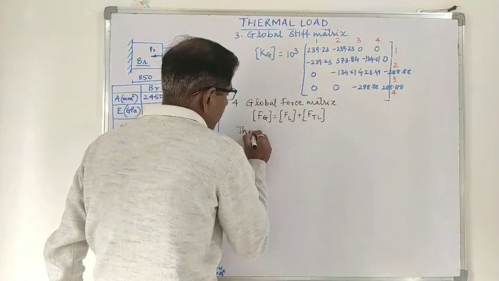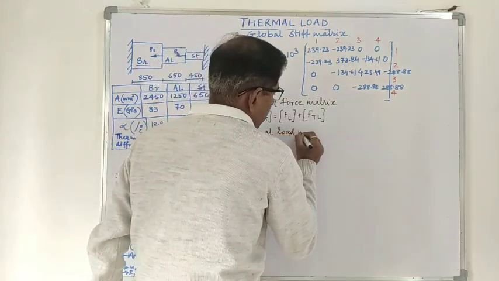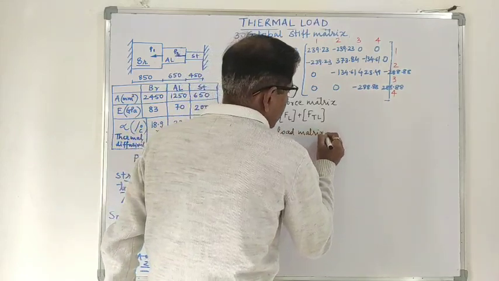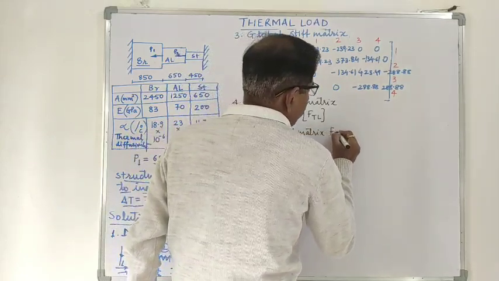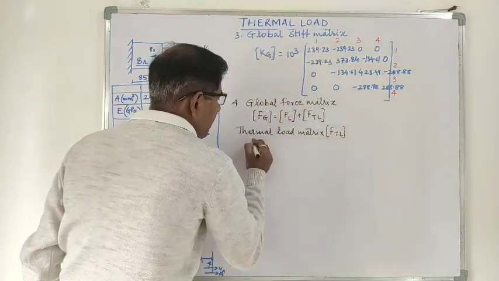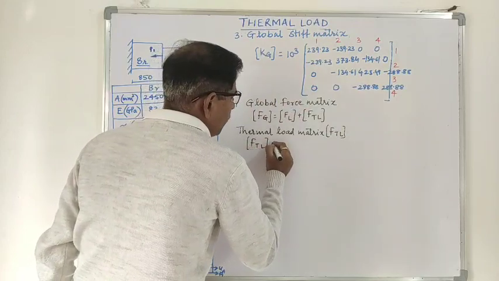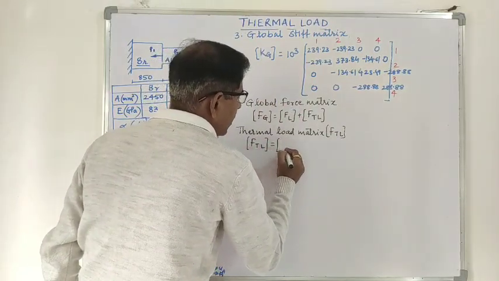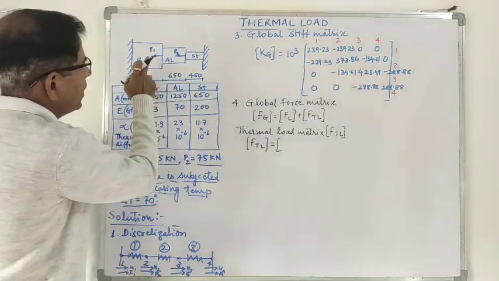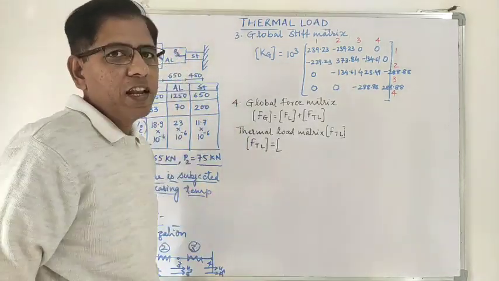Now we find the thermal load matrix, that is FTL. Now this FTL will be the thermal load in element number 1, thermal load in element number 2, and thermal load in element number 3.